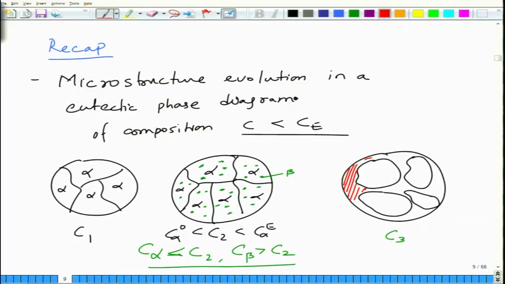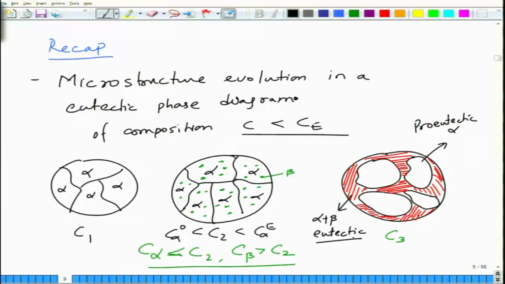So, this is eutectic. Let us say this white one is pro-eutectic alpha, and what you have here is alpha plus beta eutectic. So, this is where we were. We will continue our discussion on this.